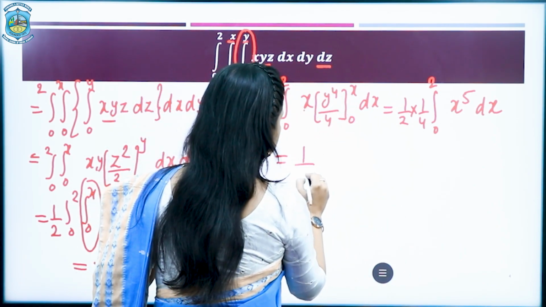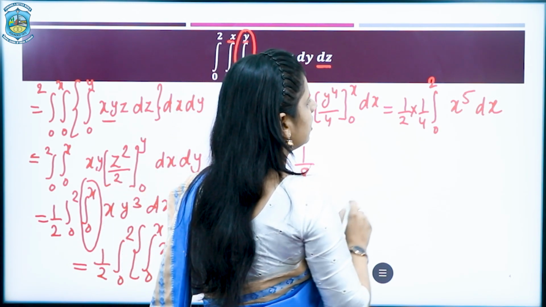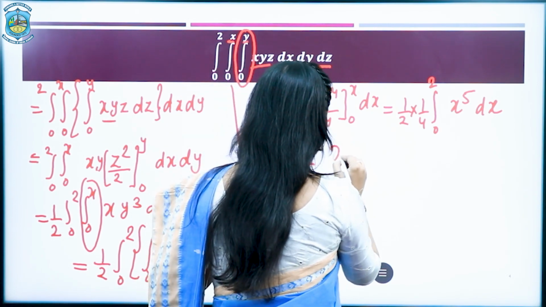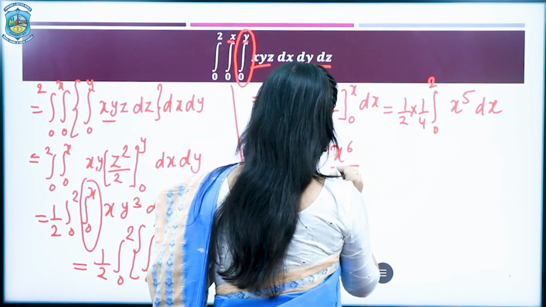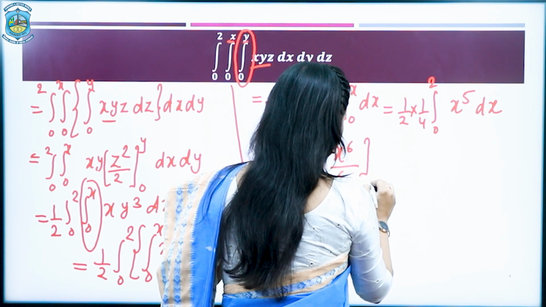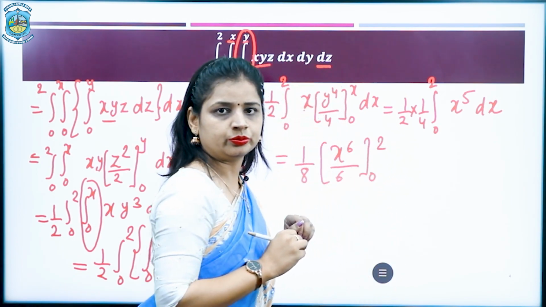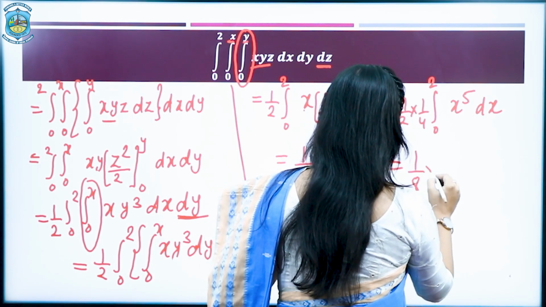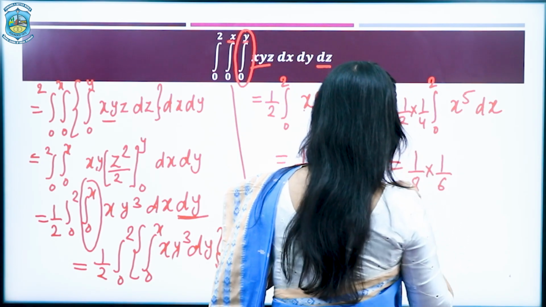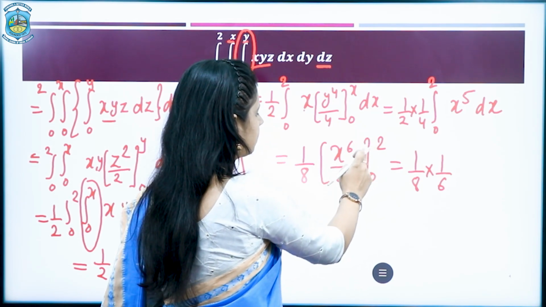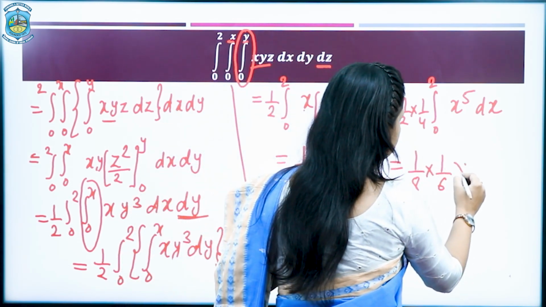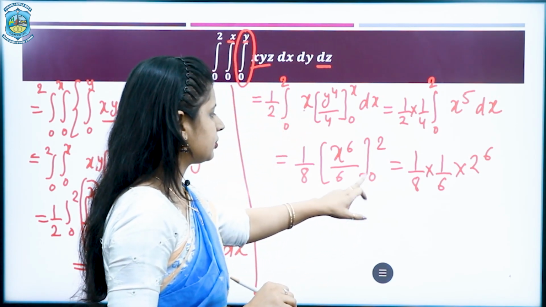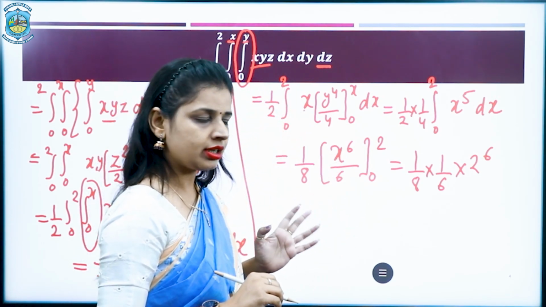So, this will give us 1 by 8. When we integrate x to the power 5, we will get x to the power 6 upon 6, the limits are 0 to 2. When we solve, we will get 1 by 8 multiplied with 1 by 6. When we substitute upper limit, we will get 2 to the power 6, and when we substitute lower limit, the term is 0.